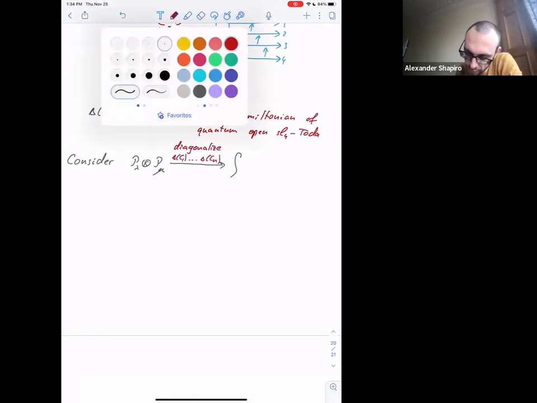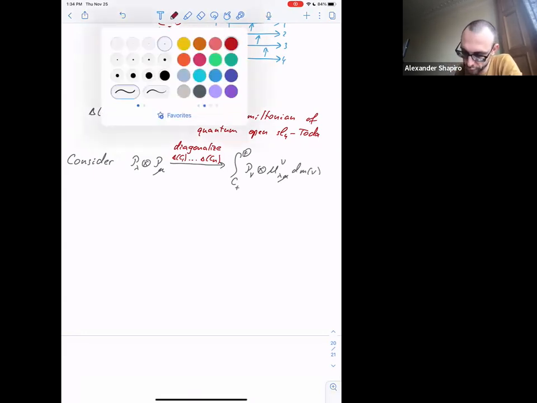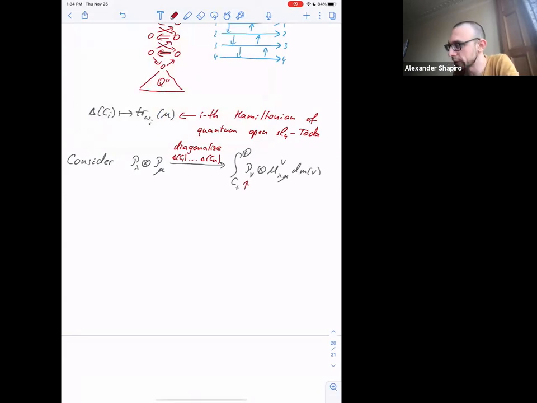And what will be happening is you'll be getting this direct integral over the positive chamber of, as I've written, P nu tensor M lambda mu d some measure of nu. Now, what's what over here? This thing is just the nu1 through nu n eigenspace. This is the multiplicity space.